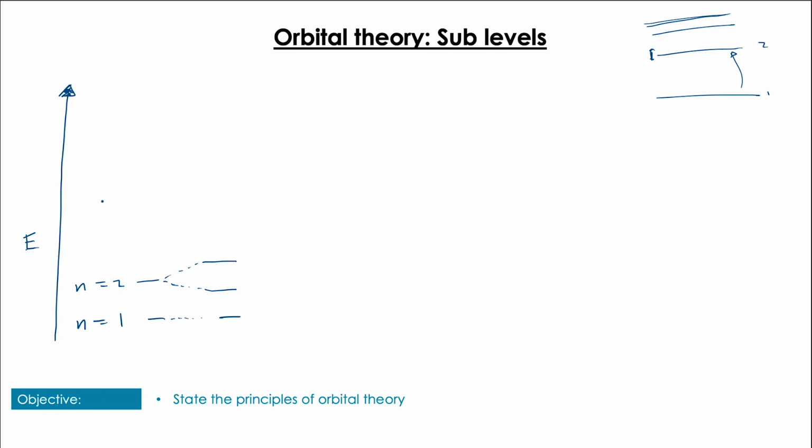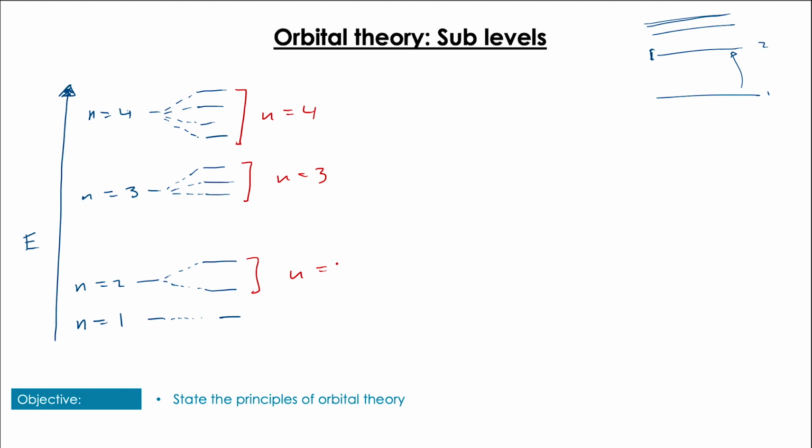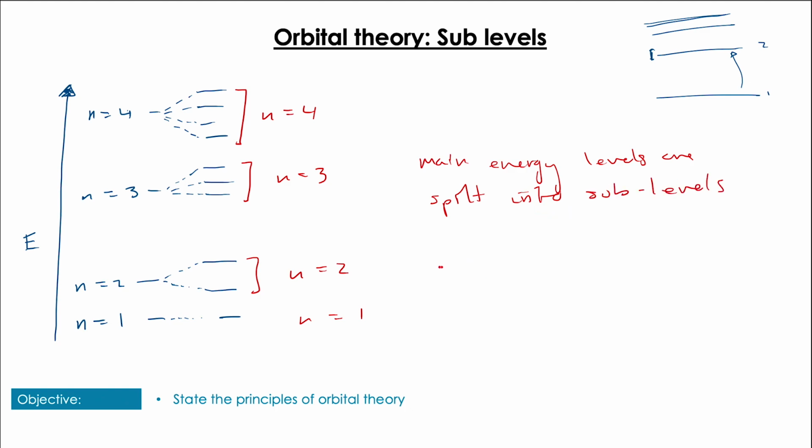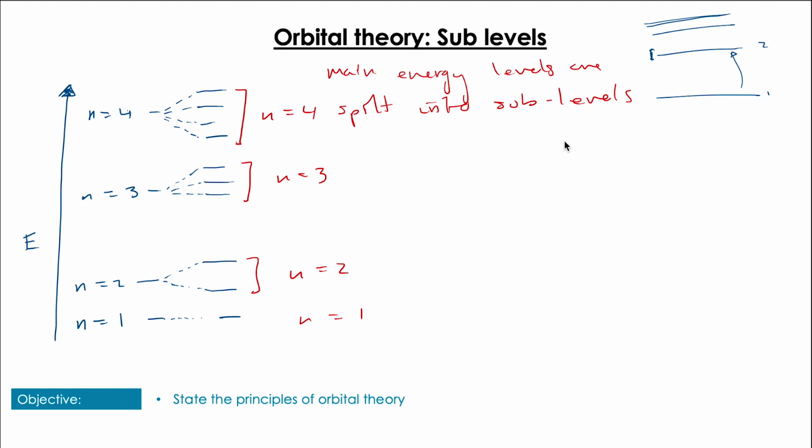We see that n equals 2 has a couple of sub-levels, n equals 3 has 3 sub-levels, n equals 4, for example, has 4 sub-levels, and so on. The point being is that although we can still group these as discrete energy levels, we need a model that can describe the splitting of these energy levels into further sublevels. And this is where orbital theory comes in.